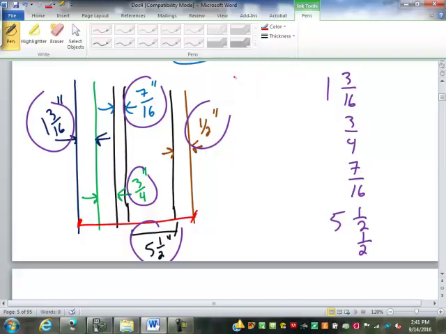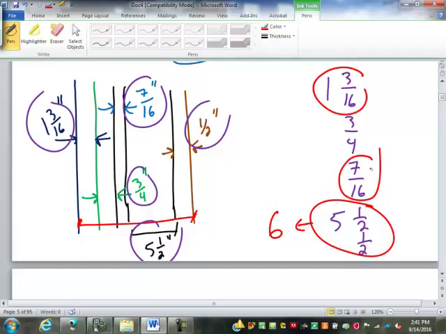There's little things you can see that make life easier on us. So I can combine these in any order. I just have to add these 5 dimensions up. So I look here, what's 5.5 plus 1/2? 6. Good. I can also combine my 1 3/16 and 7/16 because they have the common denominator.